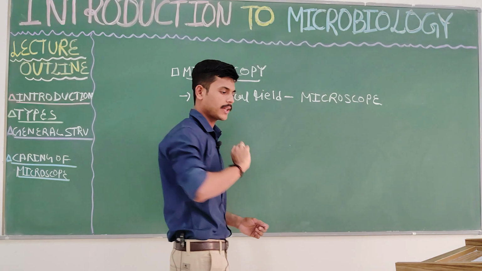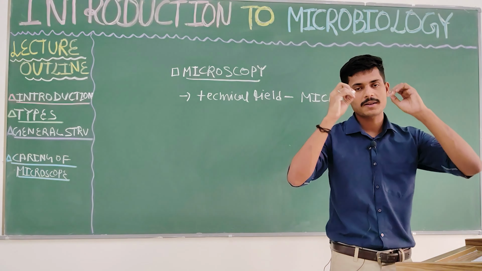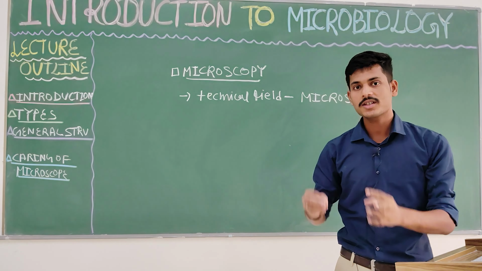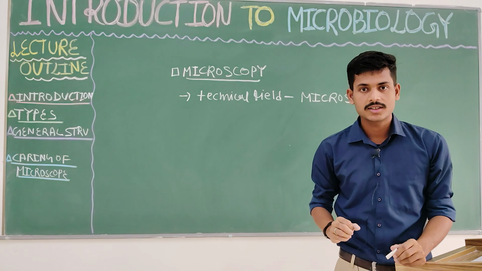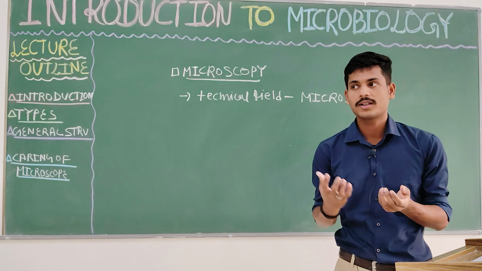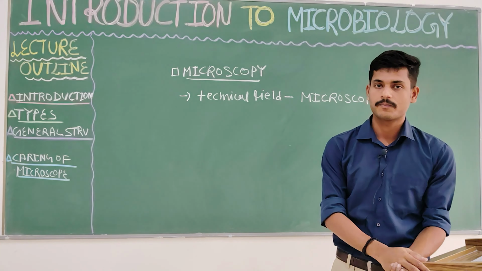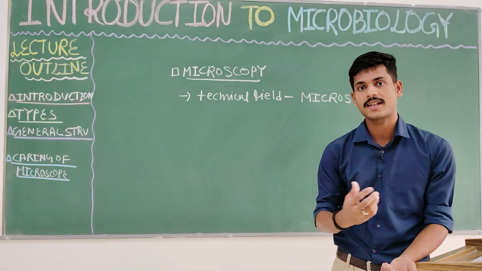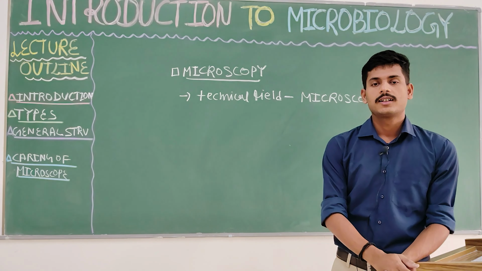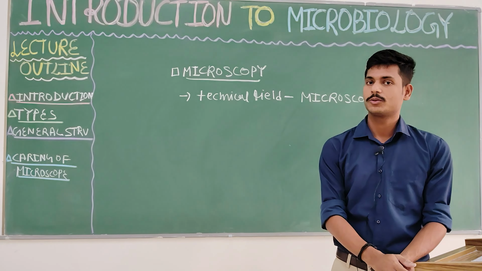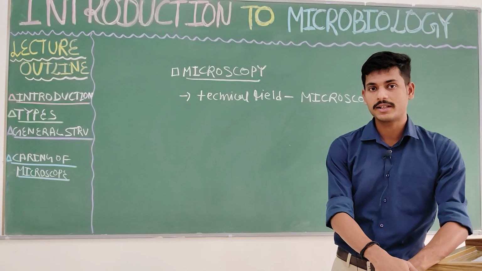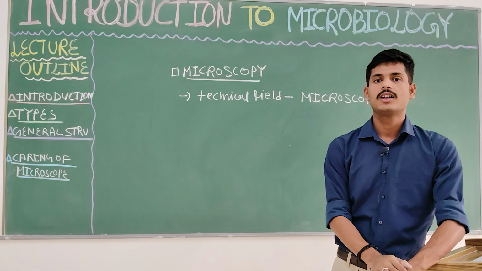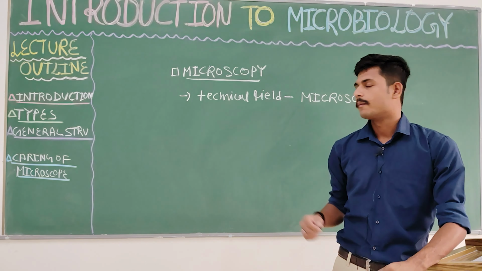Now you know that microbes are so small that we cannot see them with our naked eye. For seeing their structure, how their life cycle works, in which pattern they enhance their generation, and how they replicate, all these phenomena can only be seen under the microscope.